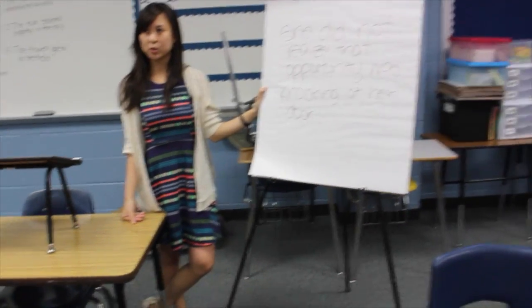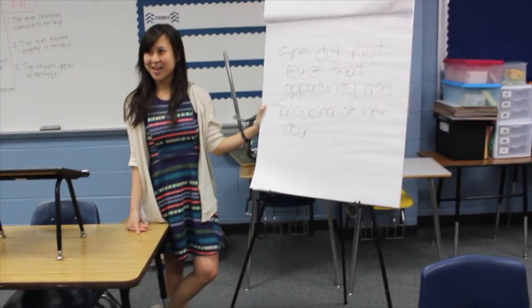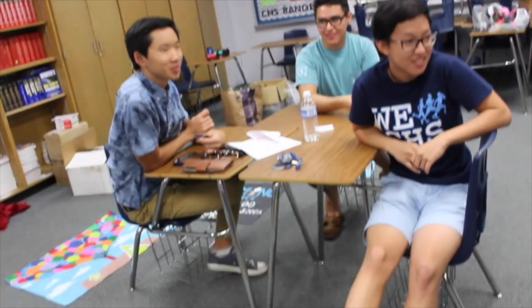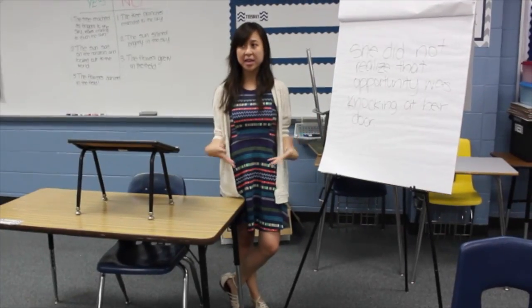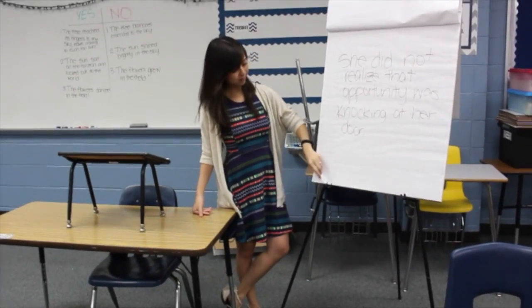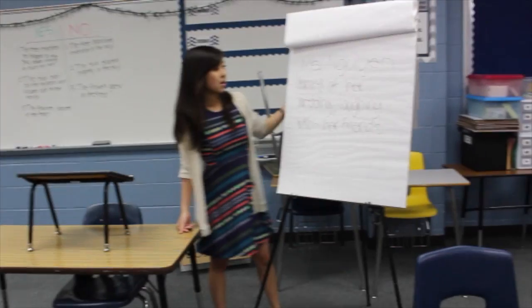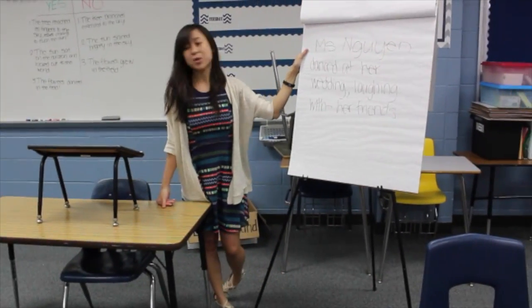Mitchell, what do you find is the object and what is it doing? The opportunity was the object. It is knocking. Opportunity is something that knocks at a door, so that is definitely a human-like attribute. Okay, example 2: Miss Moon danced at her wedding laughing with her friends.